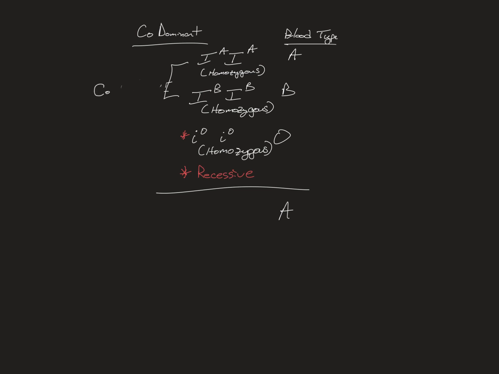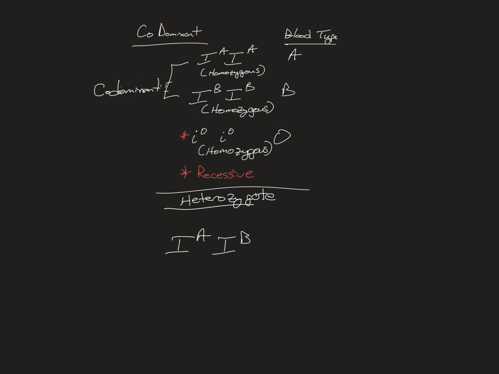AB. If it was IAIB, these are all examples of heterozygotes. You said that it can't be little a or little b. There is no little a, so that's correct. It'd be a little i. There it is, that's it.